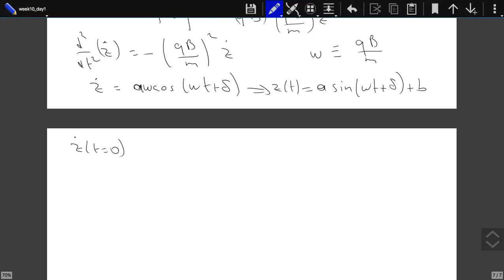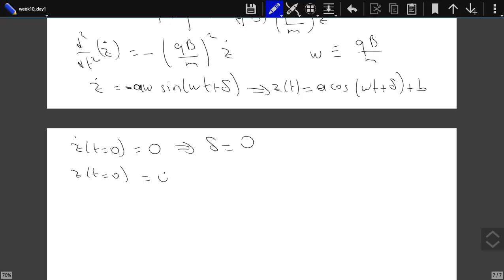Now let me insert my initial conditions. I know that z dot at t equal to 0 is equal to 0. Let me make one more change: instead of the cosine, use a sine over here with a minus sign, so that z is a cosine. z dot at t equal to 0 is 0, so this tells me that delta should be equal to 0.